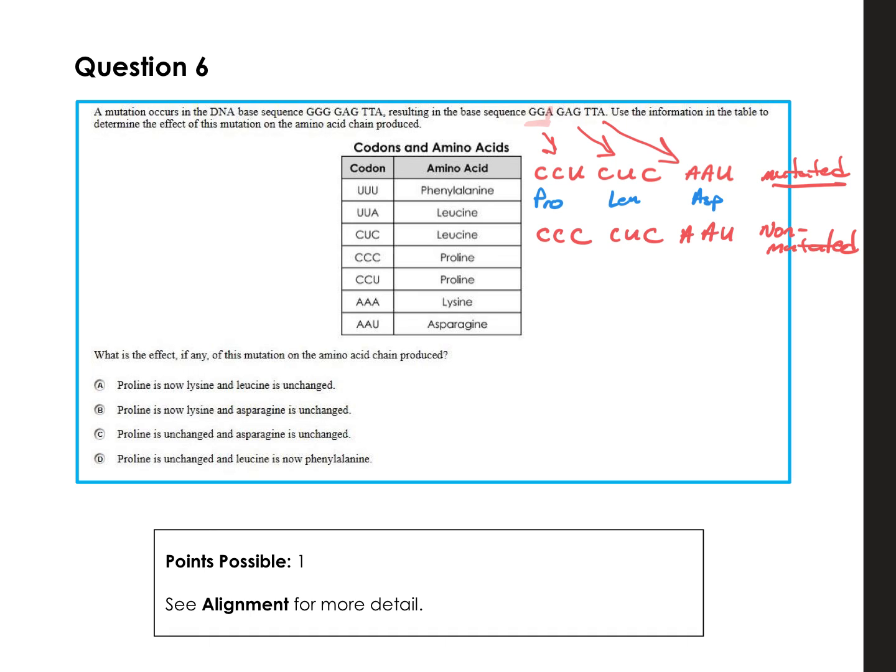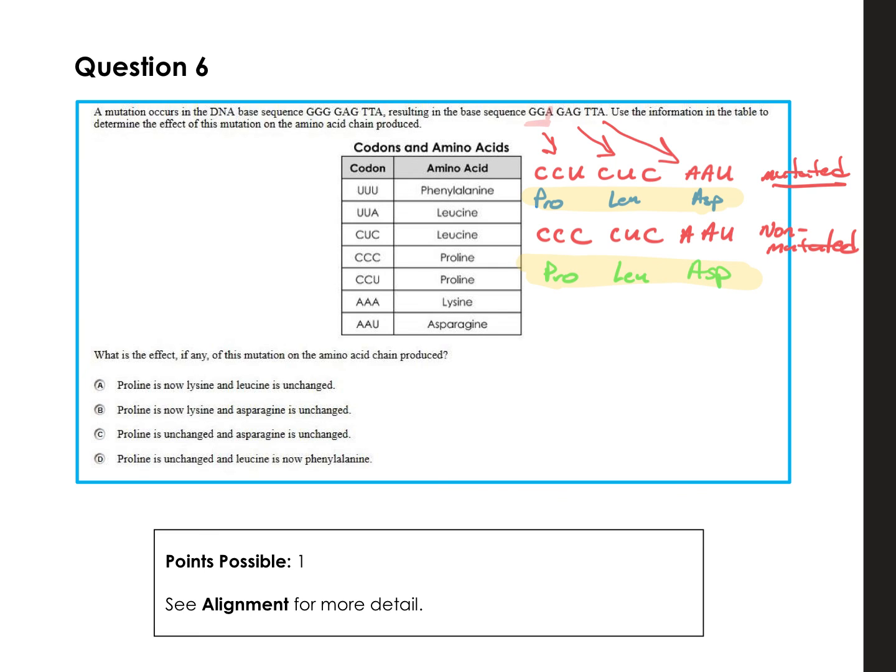Now, CCC, on the other hand, in the non-mutated version, is proline. CUC is leucine, and AAU is asparagine. So you have exactly the same amino acid sequence. Do you see that? You have exactly the same amino acid sequence. There's no difference. This is the same as this.